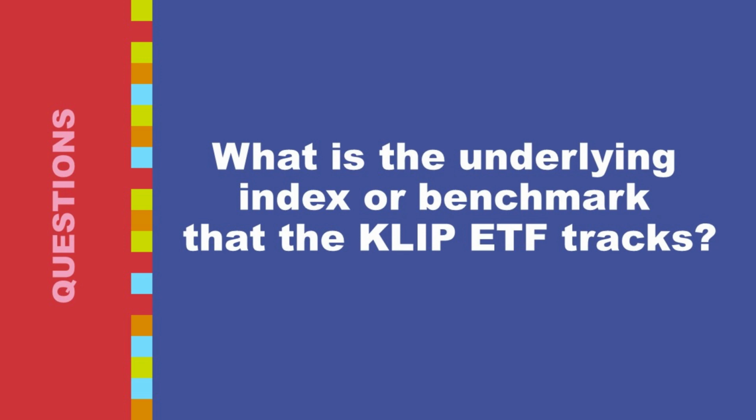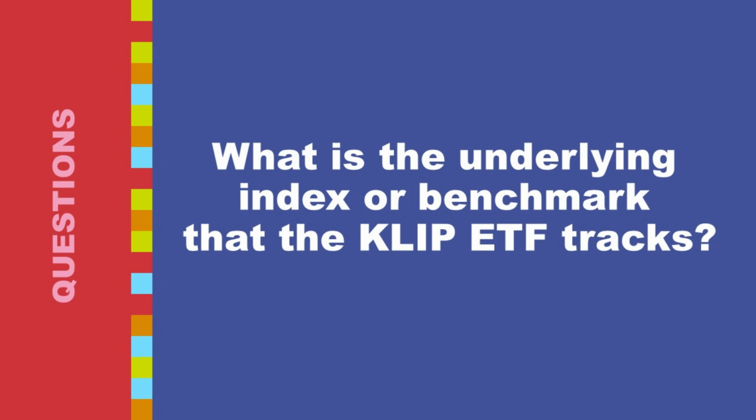Benefits of tracking the CSI Overseas China Internet Index. Diversification. The index offers exposure to a diversified basket of Chinese internet companies listed outside of China. This diversification helps mitigate concentration risk associated with focusing on a few individual companies. Transparency.